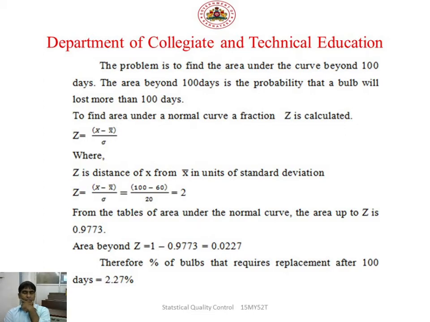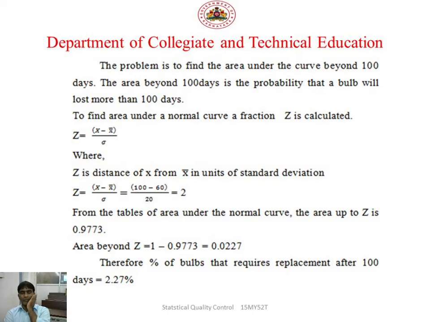Since we want the area beyond z, we take 1 minus the value we got from the table. So 1 minus 0.9773 is equal to 0.0227.